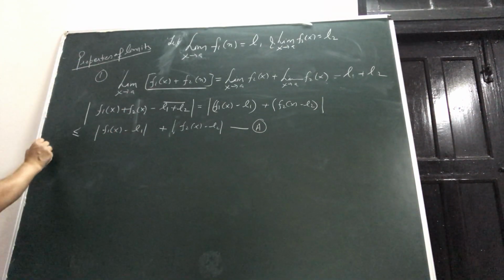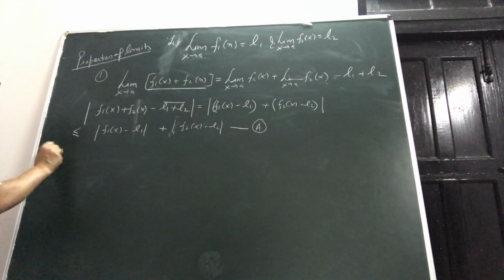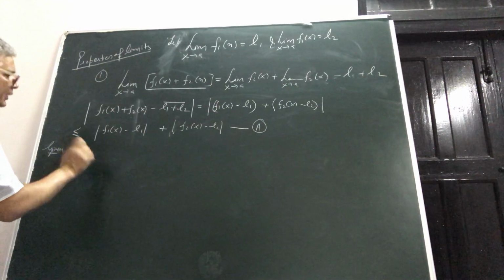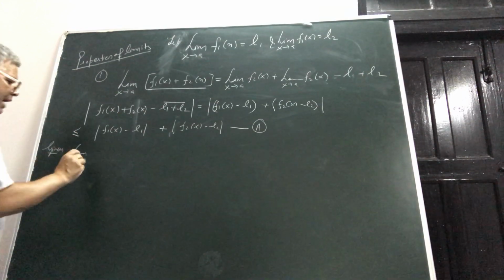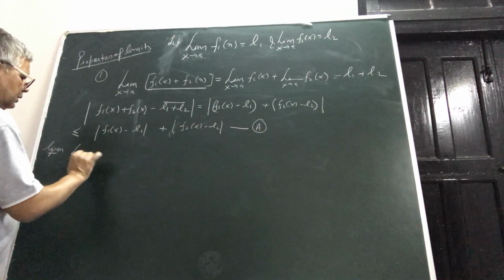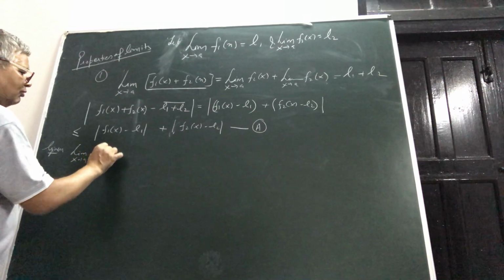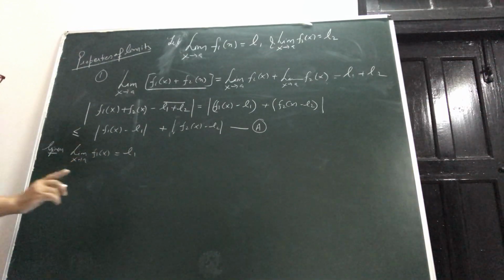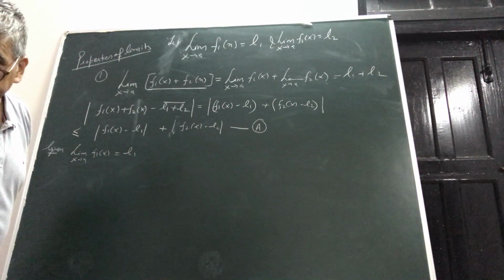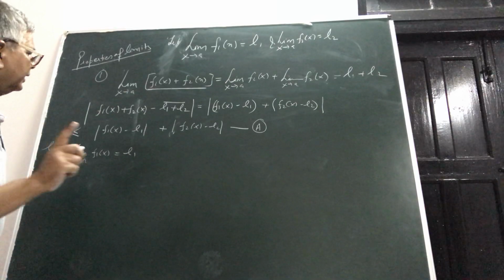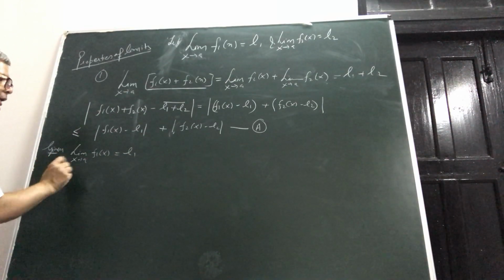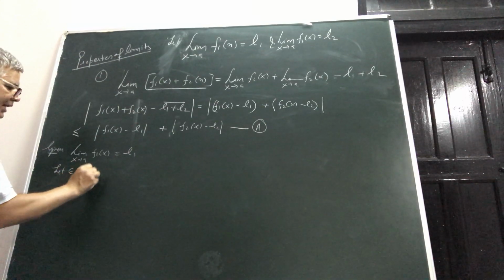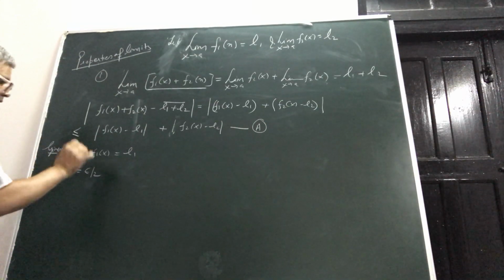Now given to me is that limit x tending to a of f1(x) is L1. So this implies for every epsilon greater than 0 there exists a deleted delta neighborhood of a. Let epsilon be equal to epsilon by 2 this time.